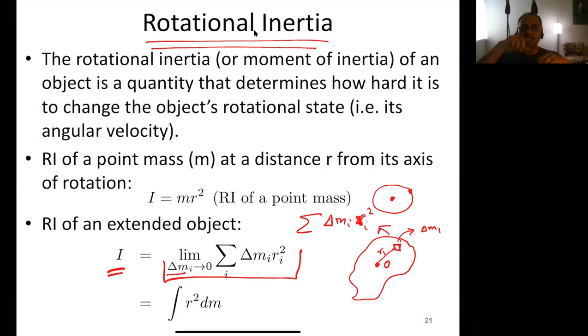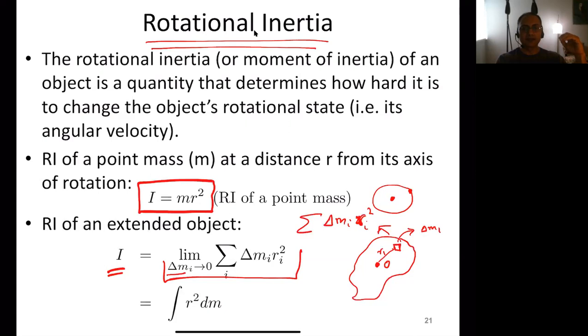Whereas if you have a little CD which is spinning really rapidly, you can easily make it stop, right? So moment of inertia is a quantity which measures the tendency of an object to resist changes in its rotational state. And the moment of inertia of a point mass is given by this little formula, where R, what is R here in this formula?